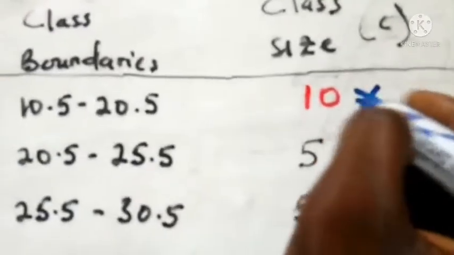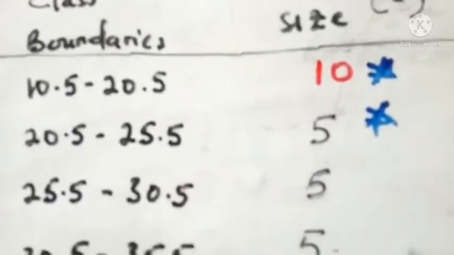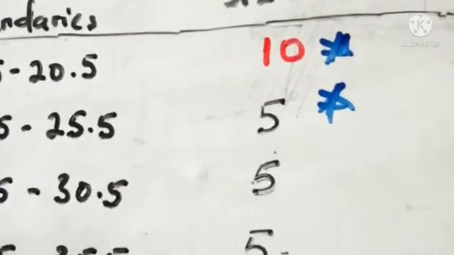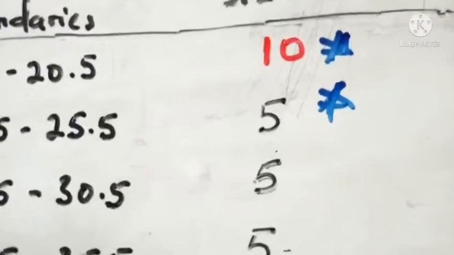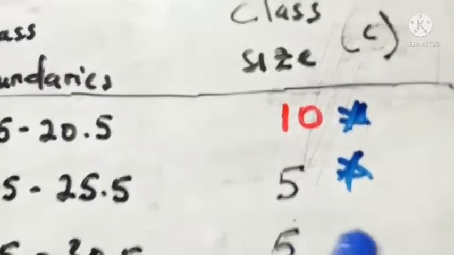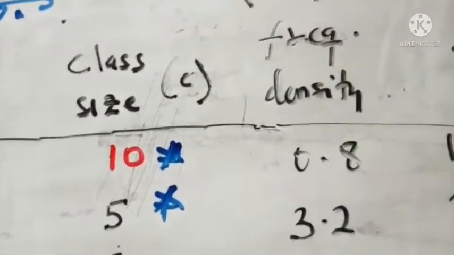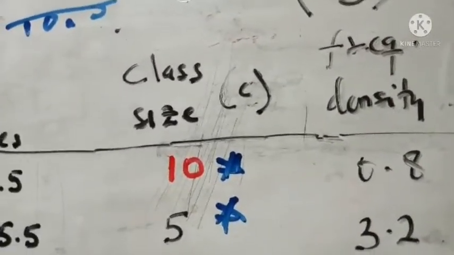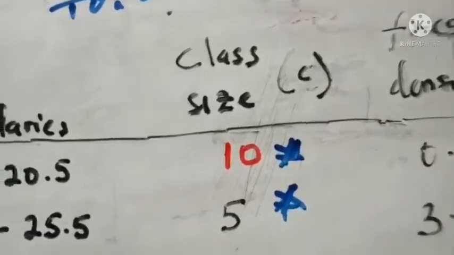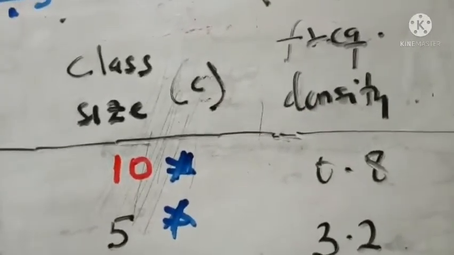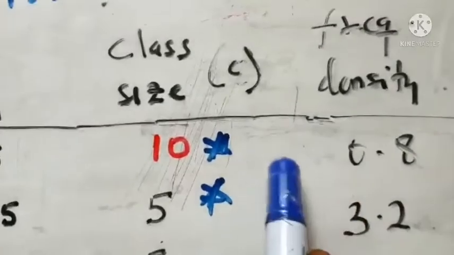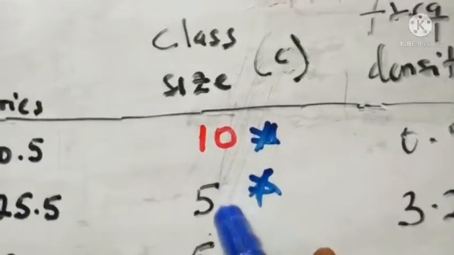Here you are having 10, and the next one you're having 5. Obviously there's a difference. So if this happens, then you need the frequency density to draw your graph, right? So we need two things: the class boundary and the frequency density. We use the frequency density when the classes are not equal.